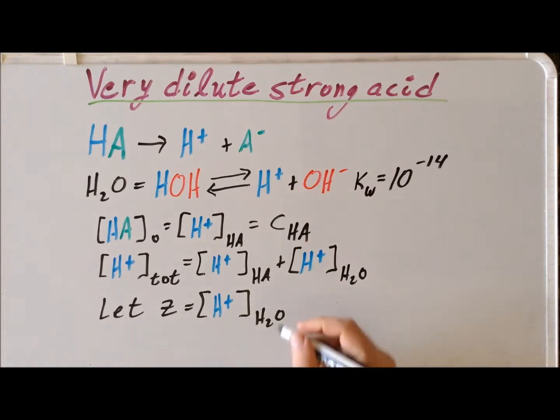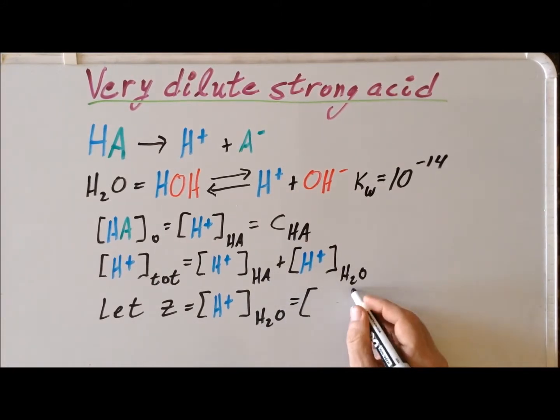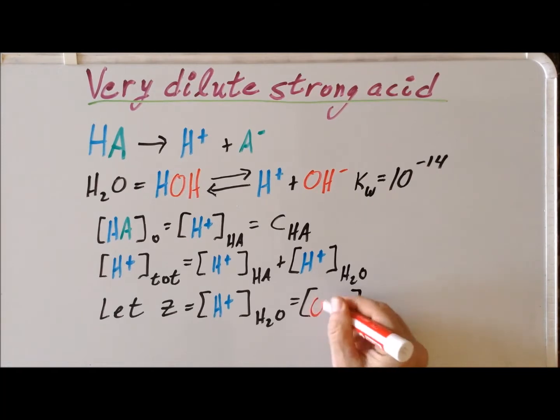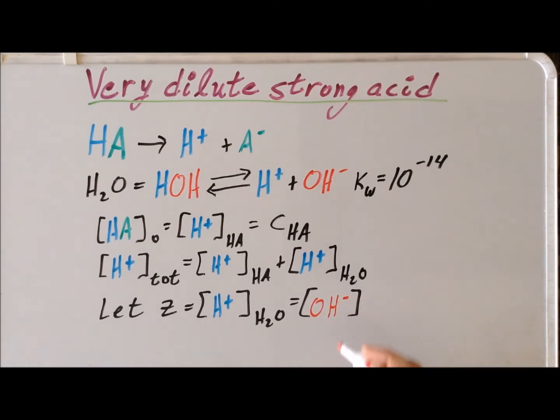So we can also, at the same time, set z equal to the concentration of hydroxide ion. And we're going to omit any subscript because in this particular situation, we only have one source of hydroxide. Hydroxide is only going to come from the autoionization of the water solvent.